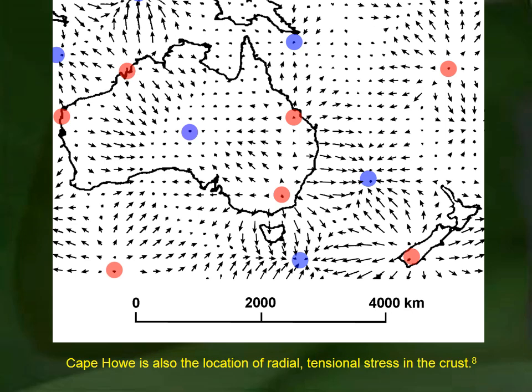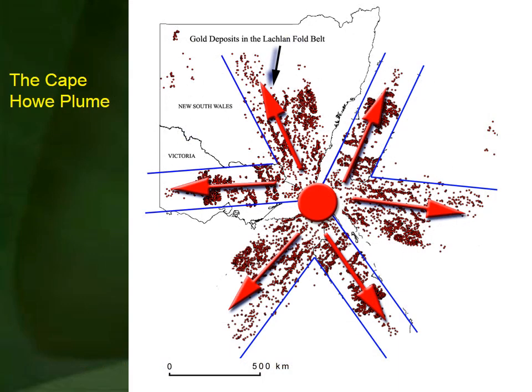The very southeastern corner of Australia, also known as Cape Howe, is the location of radial tensional stress in the crust. The proposed Cape Howe plume.